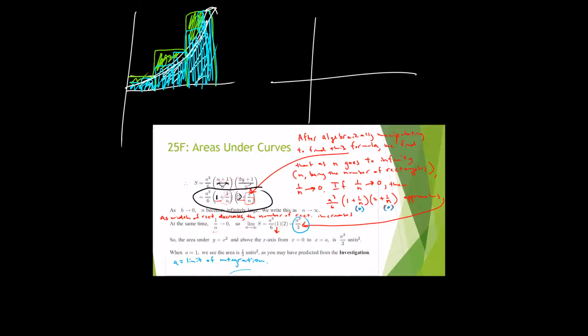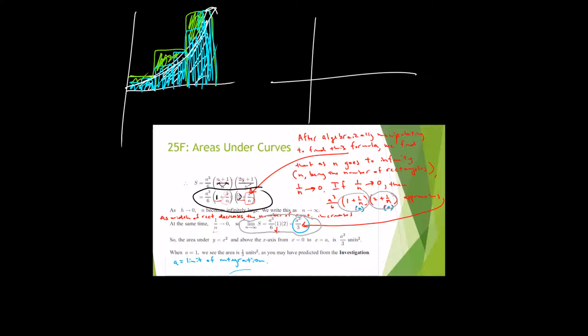So when we make n infinitely large, it's going to get closer and closer to 0, which means that this whole thing here is going to approach 1. Likewise here, as n approaches infinity, this thing is going to approach 2 plus 0, or 1 plus 0, which leads us to this piece here.